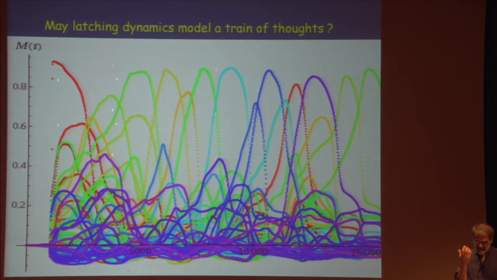So you can think of exploiting this so-called latching dynamics. In this simplified model, the model contains no structure and the latching dynamics will not express anything interesting. But you can think of a model that has some structure, and maybe its quasi-spontaneous dynamics may become an interesting model for something like a train of thoughts.